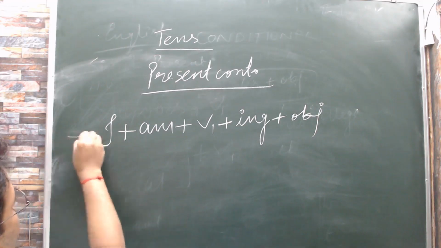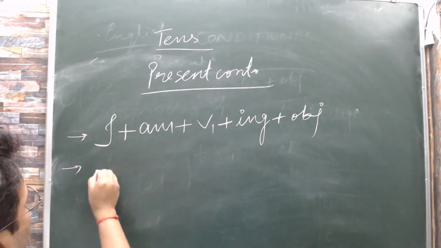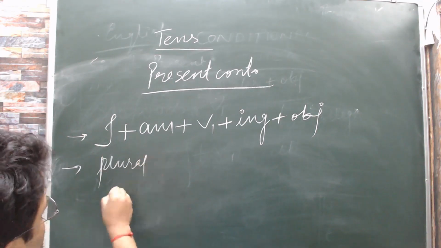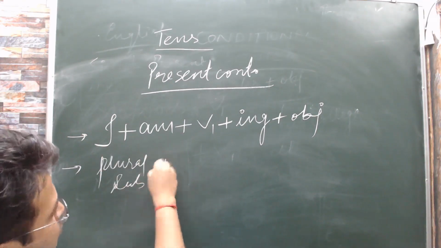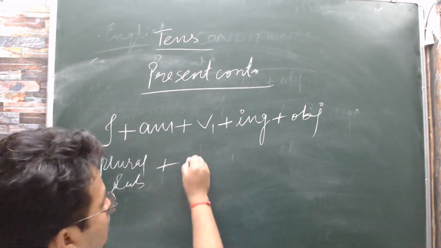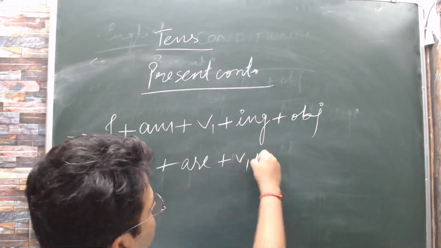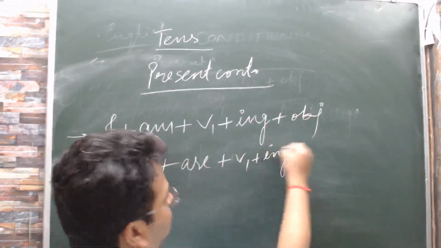If we have the subject, and it is a plural subject, if we have any plural subject, we use are with it, plus verb first form plus ing plus object.